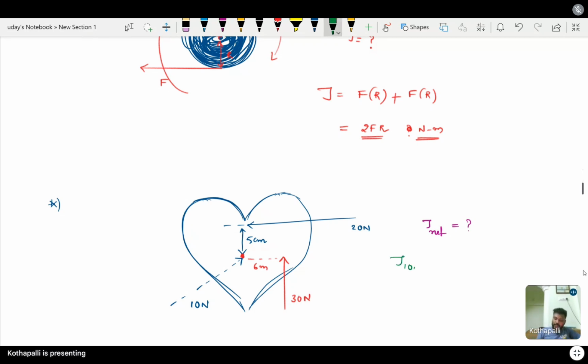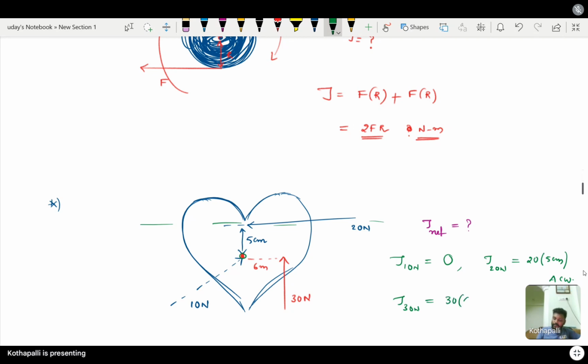Torque due to 10 newtons will be what? Zero, because it is passing through the axis of rotation. There will be no perpendicular distance. Understand? And what is the torque due to 20 newtons? Force into perpendicular distance, 20 into 5 centimeters. Clockwise or anti-clockwise? Anti-clockwise. What about torque due to 30 newtons?